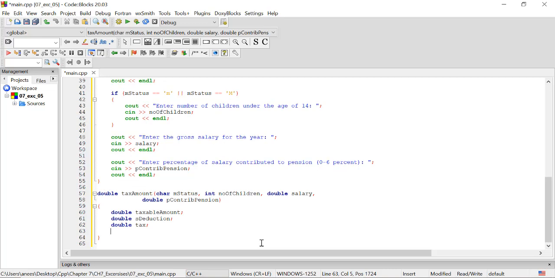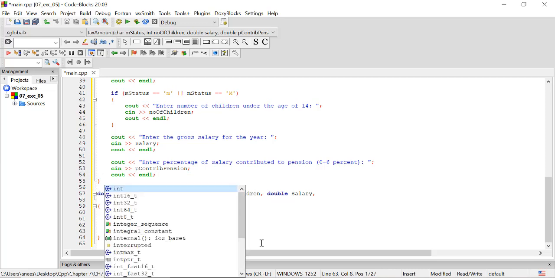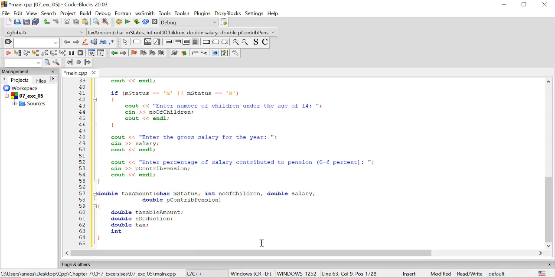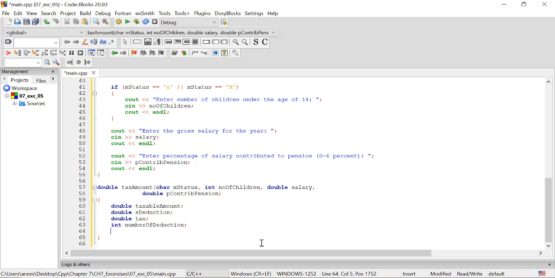And then we can write in integer numberOfDeduction, semicolon.